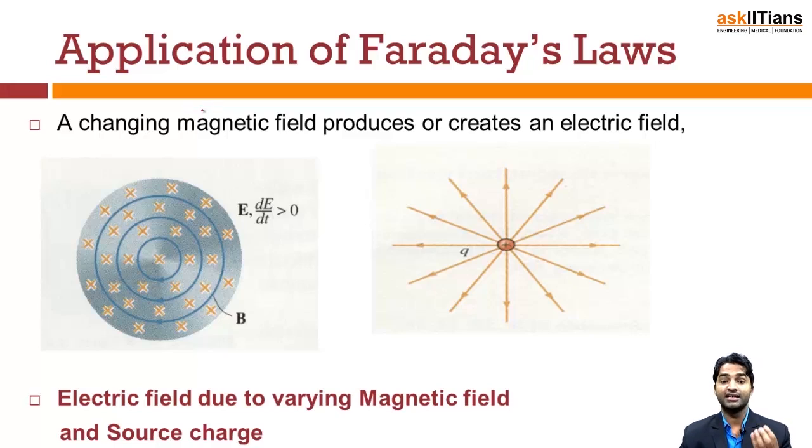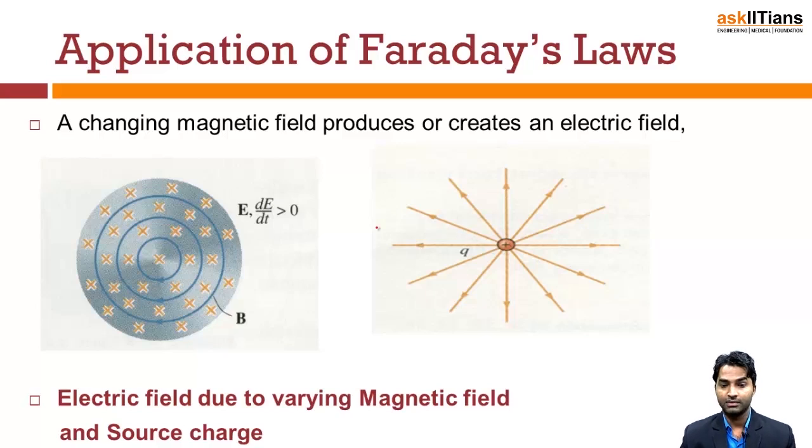If we consider a charge, electric lines of force are produced from this charge, as in a stationary situation. So a changing magnetic field creates an electric field or vice versa. In Maxwell's third equation, changing magnetic flux gives us the concept of an electric field, as given over here.